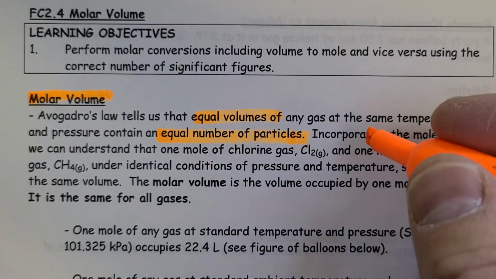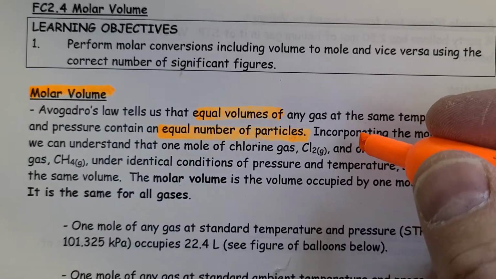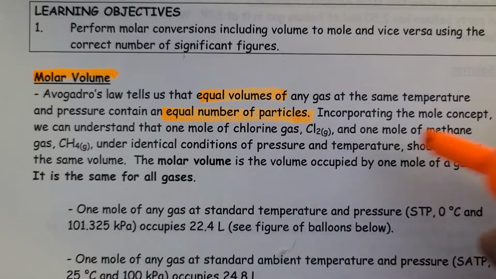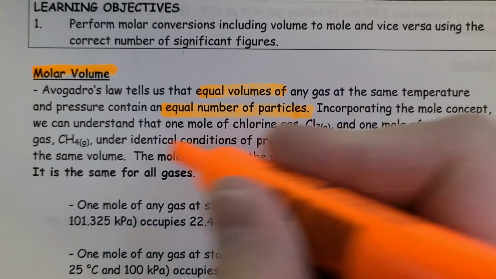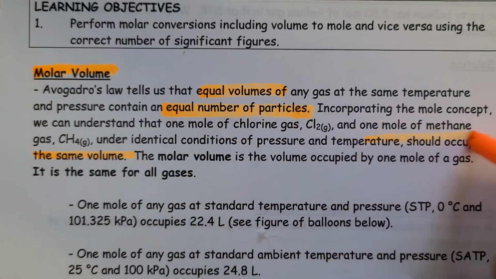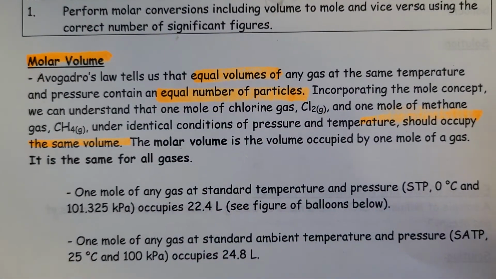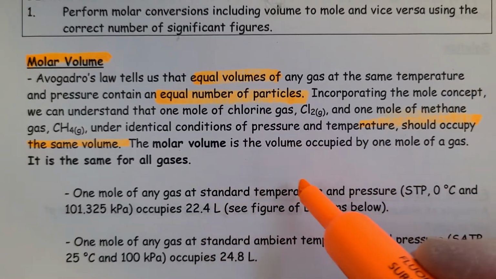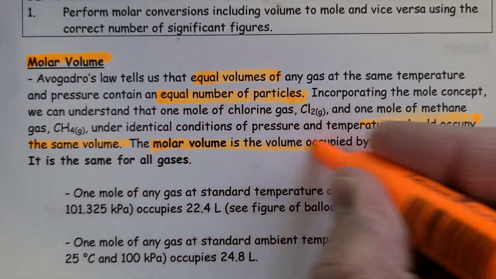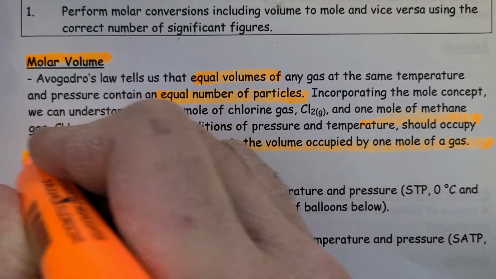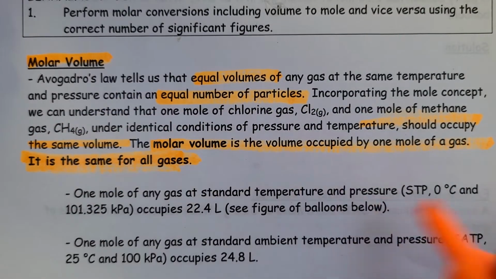So we can understand that 1 mole of chlorine gas and 1 mole of methane, under identical conditions, have the same volume. So 1 mole will correspond to a specific volume. The molar volume is the volume occupied by 1 mole of any gas, and it's the same for all gases.